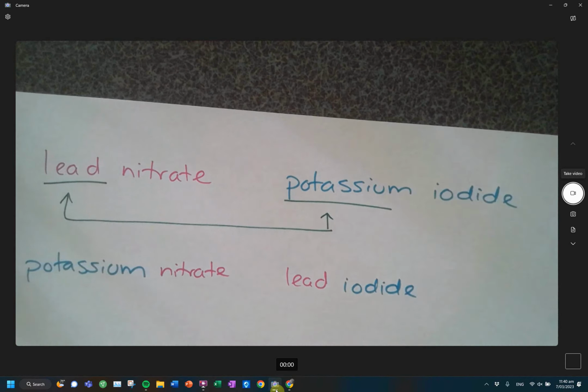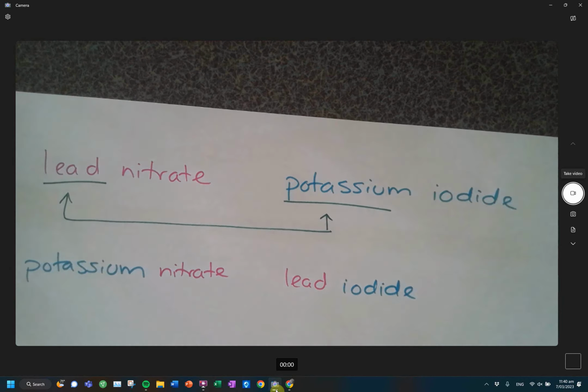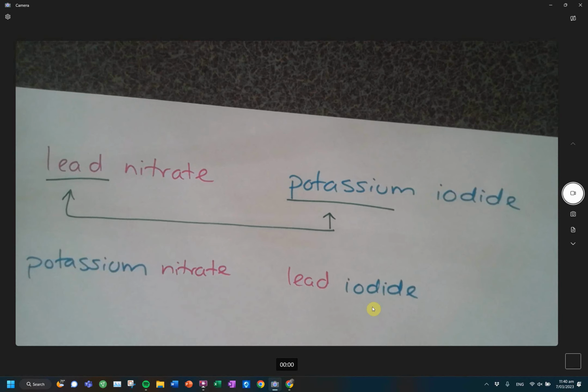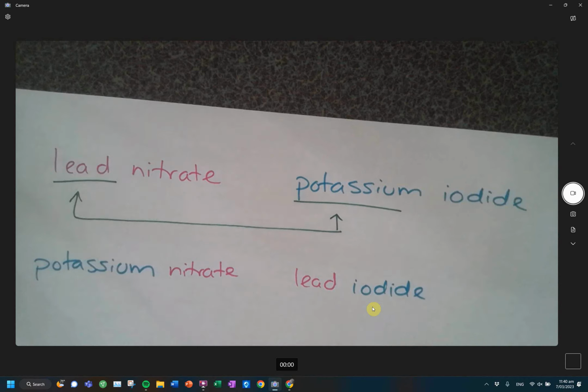So that's how I figure out my products. I've just swapped around my cations. Are we okay? All right. Don't change it. It's written on the sheet.